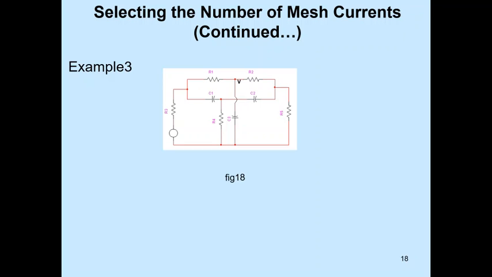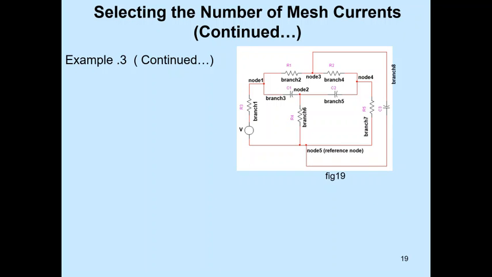So how many equations? 8 minus 5 plus 1. So redrawing the above circuit without crossings. So check here again. See, this is the circuit.